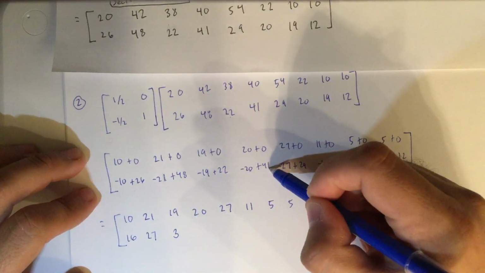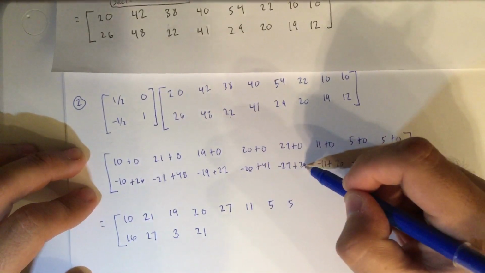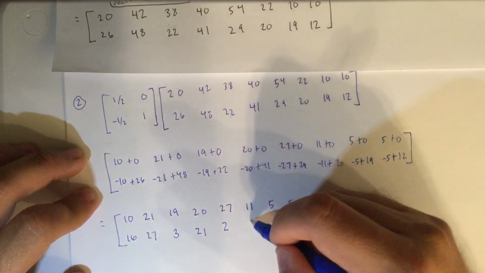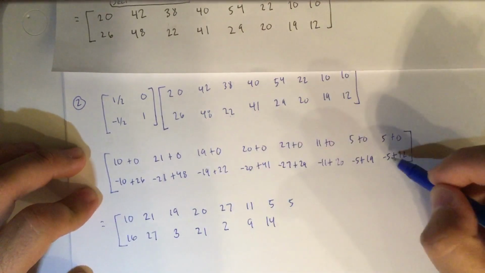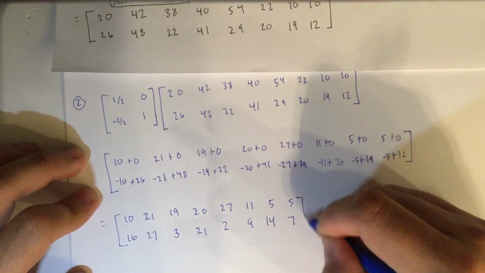Negative 20 plus 41 is 21. Negative 27 plus 29 is 2. Negative 11 plus 20 is 9. Negative 5 plus 19 is 14. Negative 5 plus 12 is 7.